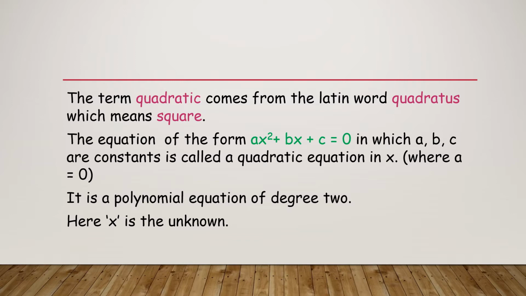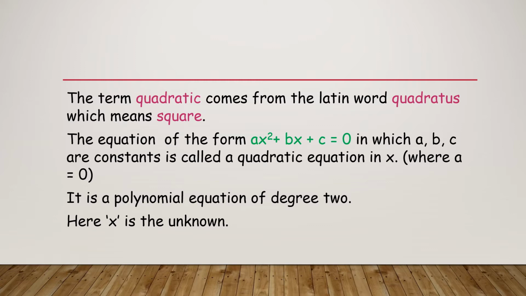In a quadratic equation, the degree of the unknown will be 2, or the power of the unknown will be 2. So, an equation in which the highest degree of the variable is 2 is called a quadratic equation.